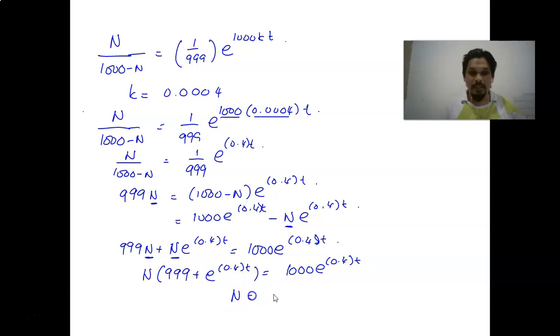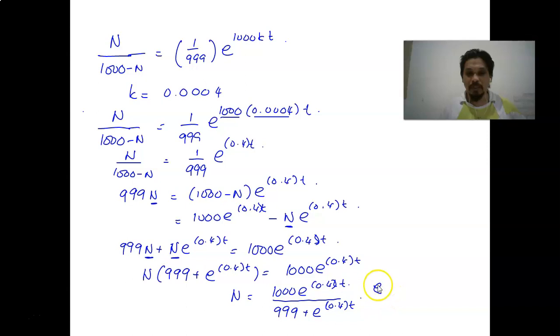Then n equals 1000 e^(0.4t) divided by 999 plus e^(0.4t). Okay, now we try to multiply with what we call the conjugate of e^(0.4t).